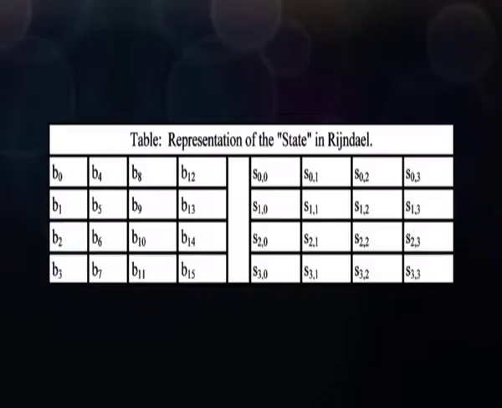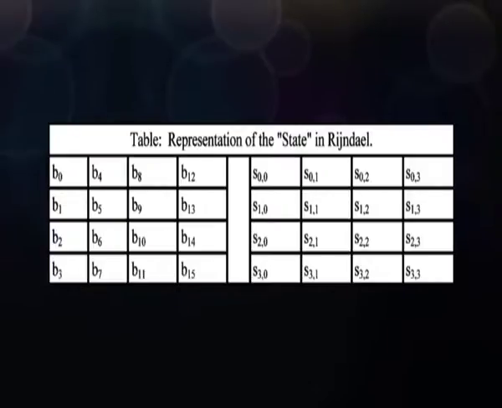AES is a block cipher of block size 128 bits. The key length can be 128, 192 or 256 bits. It is convenient to think of a 128 bit block of AES as a 4 by 4 matrix called the state. The state is presented as a matrix S00 to S33. The state is filled from the input in columns.